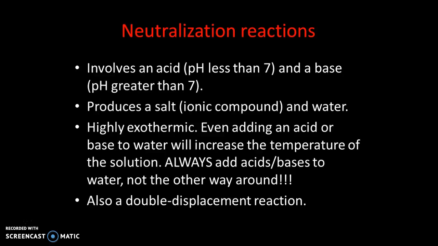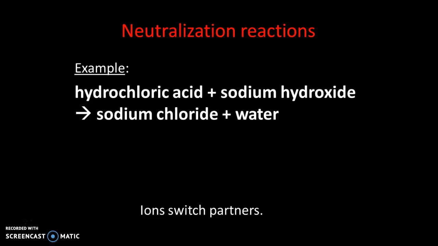And the other thing you guys can look for is that on the product side we're going to have water. So you can see this is the classic example. We've got hydrochloric acid and sodium hydroxide. So this is a pretty strong acid, given there's other factors as well, like concentration, but hydrochloric acid can be pretty strong.